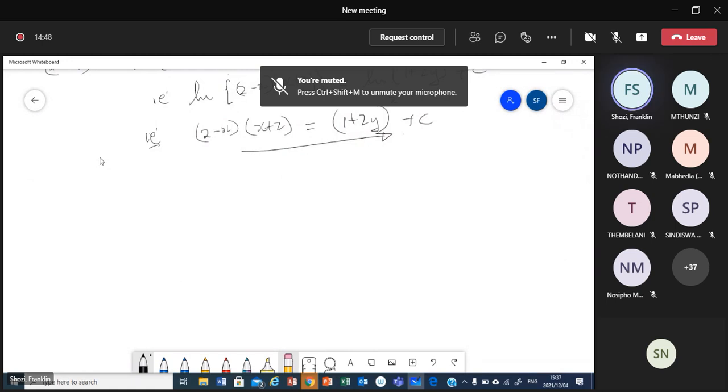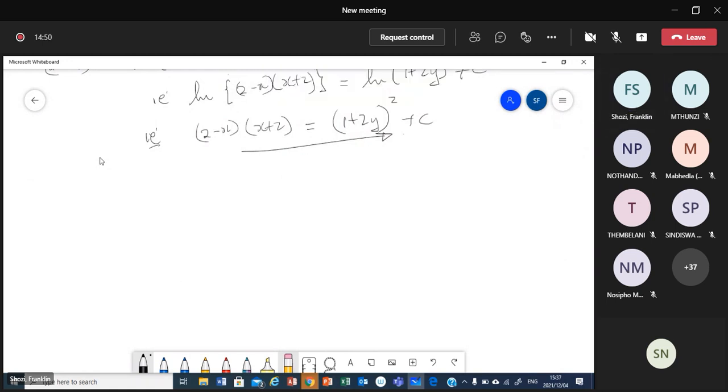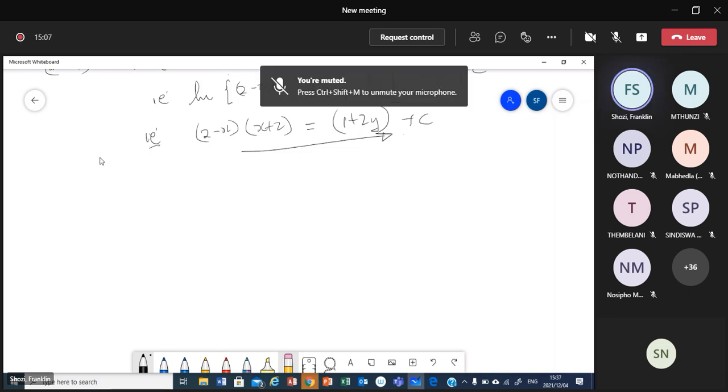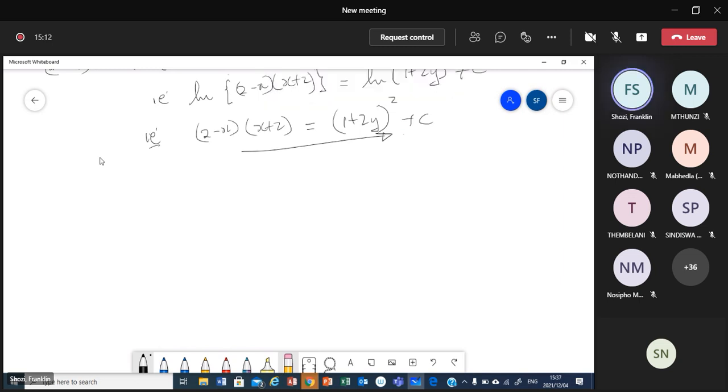Perhaps we look at the next set, linear differential equations.